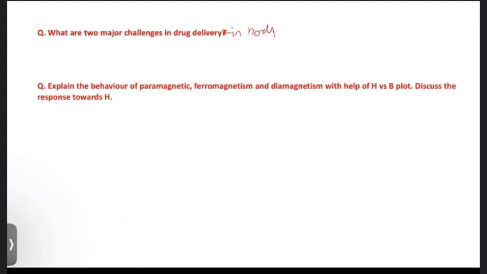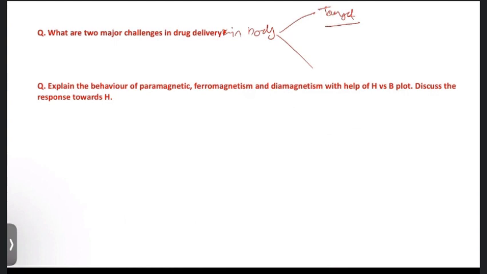Yeah, you are partially correct. There are two challenges. First, the target. It is not always possible that if we want to target one part of the body, the drug which we have injected will only target that part. It is very much possible, and happens, that it targets all the body parts.